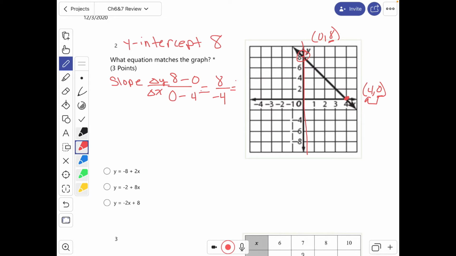And then 8 divided by negative 4 makes negative 2. So the slope is negative 2. Slope is the number that multiplies times x. And the y-intercept is the one that's by itself.